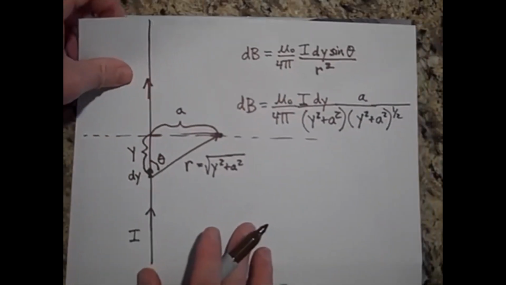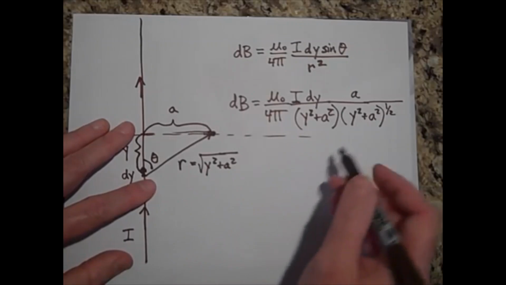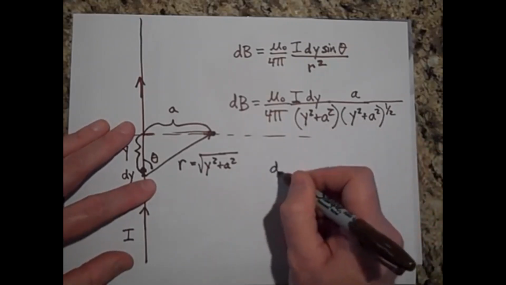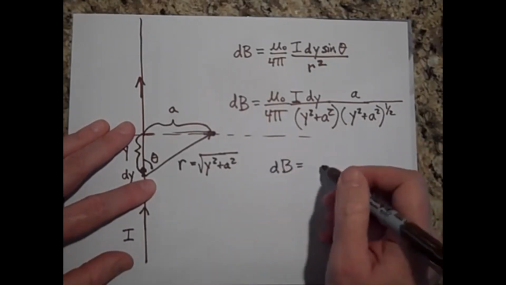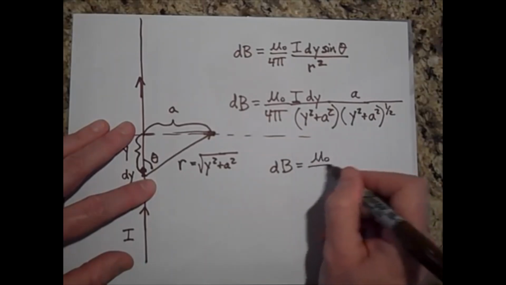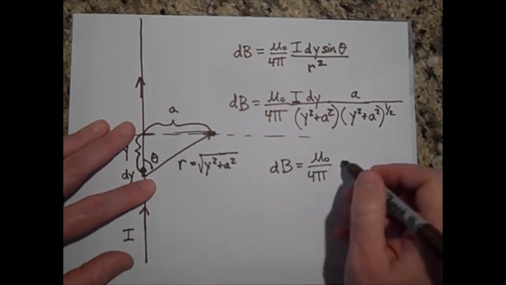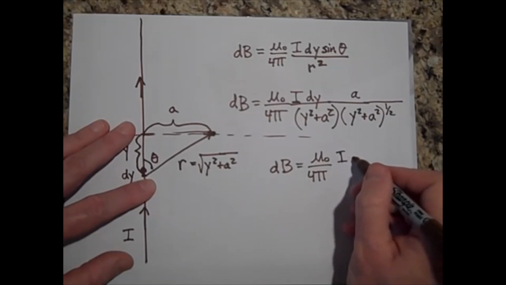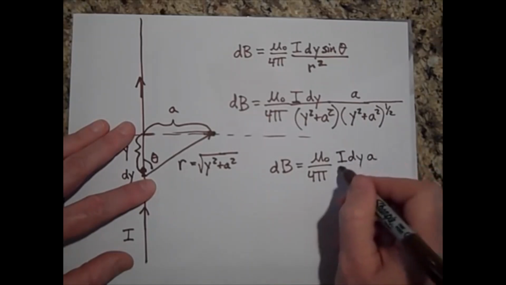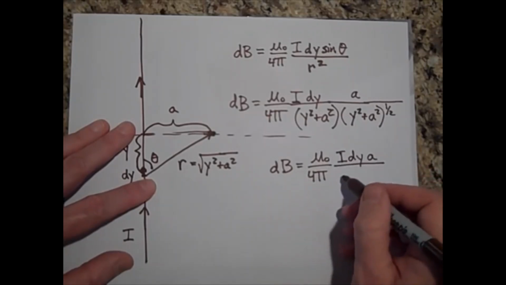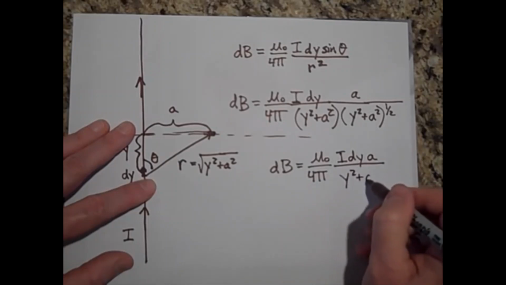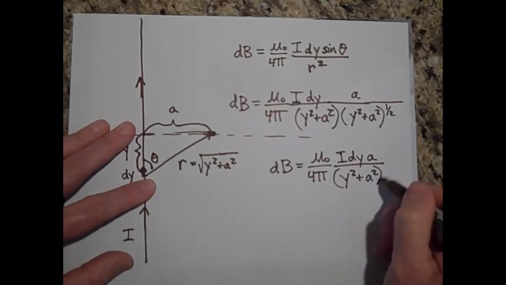It turns out that I can combine these, and so dB is equal to mu naught over 4 pi times I dy, a just being a constant, and this combines to y squared plus a squared to the 3/2 power.